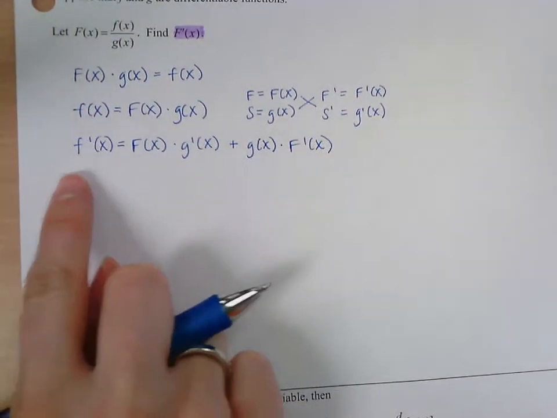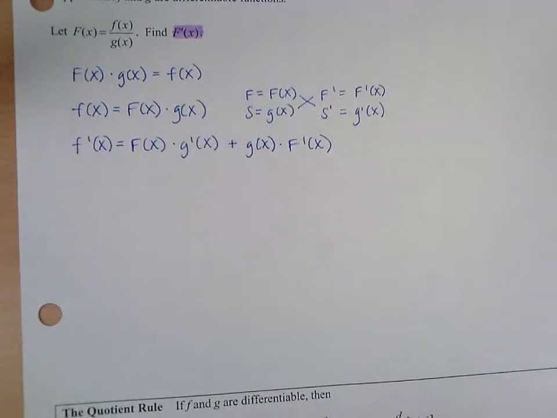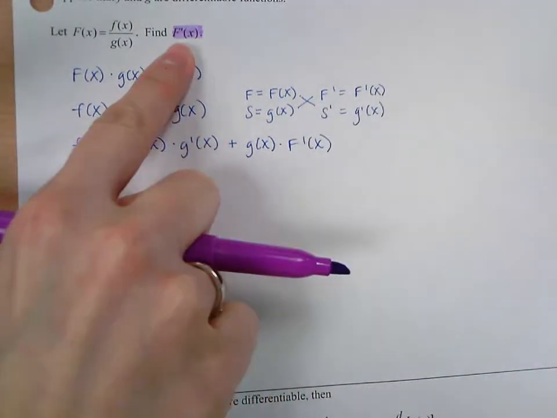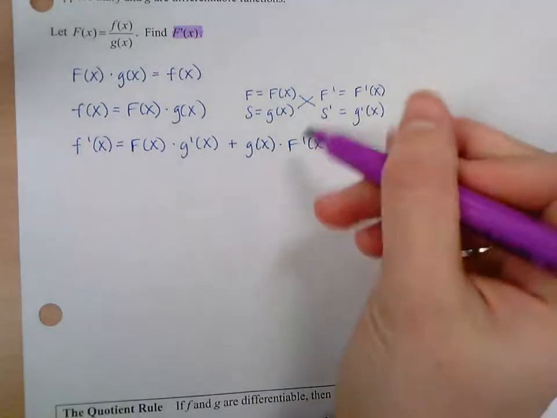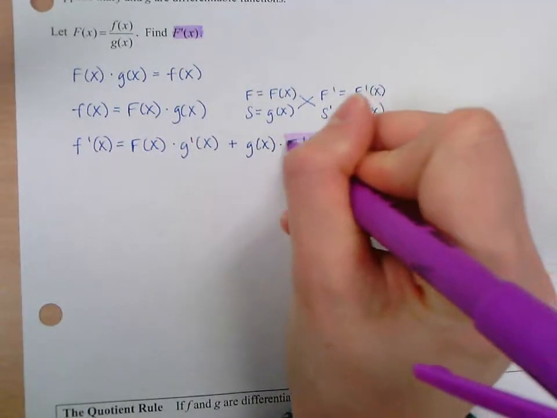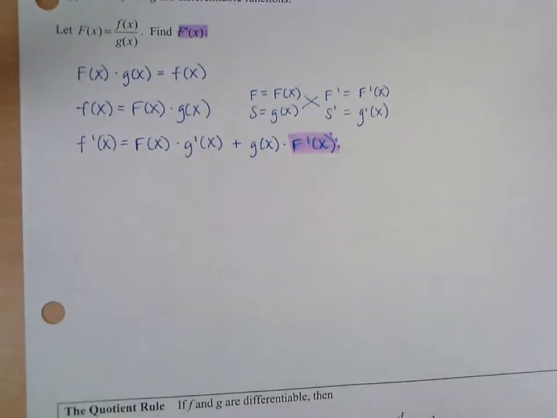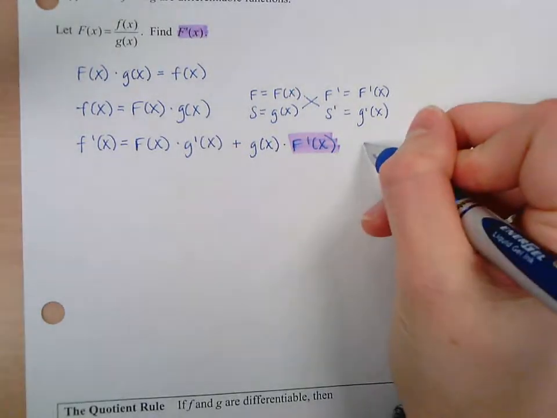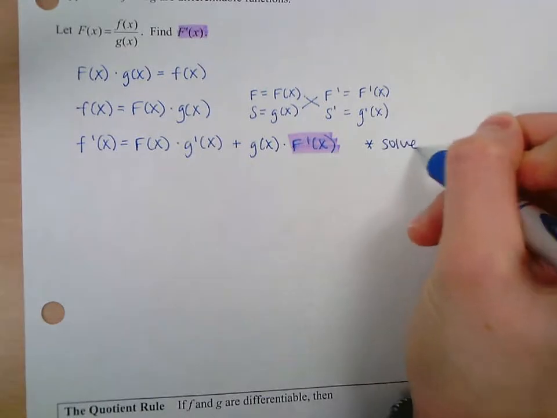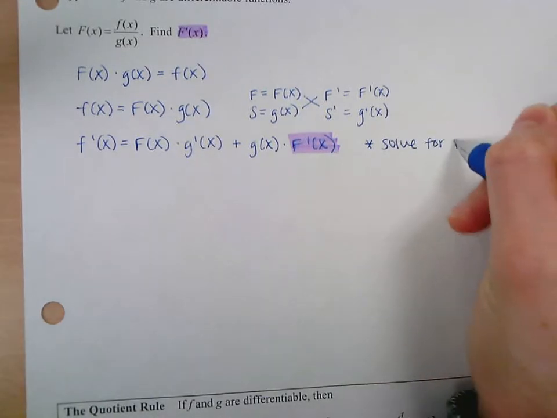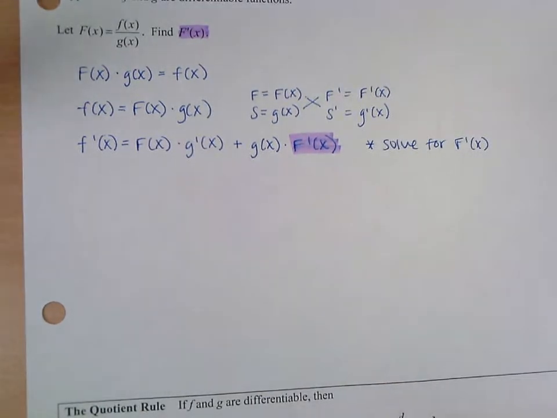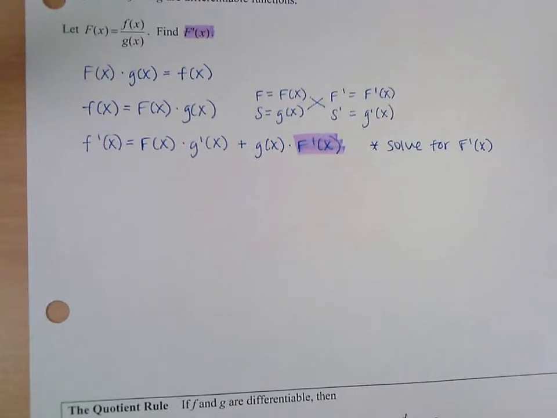And now if you notice in this equation, there's a capital F prime of x, which is what we're looking for. So now what we need to do is solve for capital F prime of x, since that's what we're looking for.